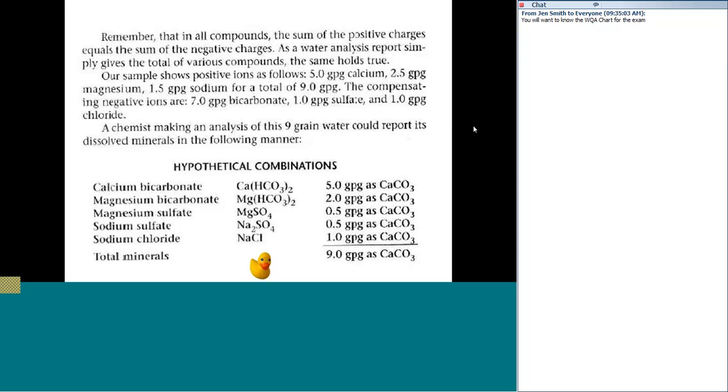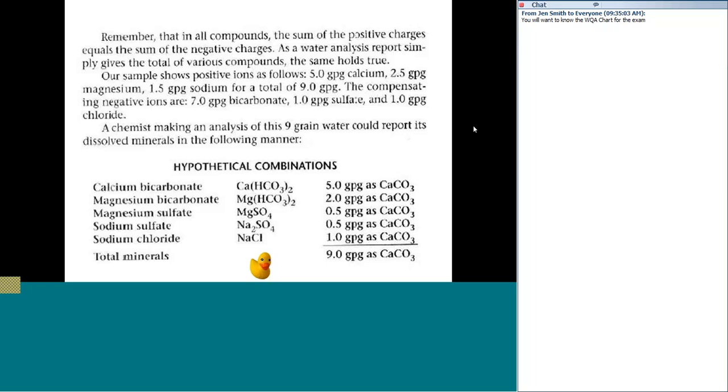Here, this example shows calcium bicarbonate is 5 grains, magnesium bicarbonate is 2 grains, magnesium sulfate is 1/2 grain, sodium sulfate is 1/2 grain, sodium chloride is 1 grain, but they're measuring it all as equivalent weights, so they're giving you a total hardness level as calcium carbonate.